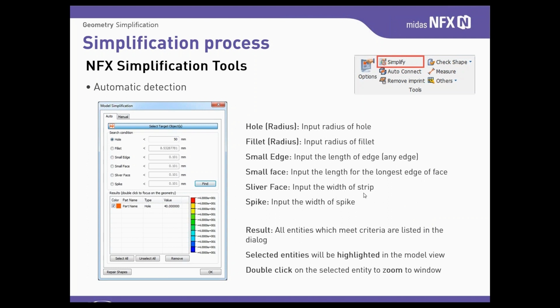This kind of small detail is actually defined by the ratio between the edge and the area, but for ease of use, we are looking for the width of the simple strip. Spike will be explained on the next slide. And as you can see, all entities which meet the criteria will be listed, and we can follow up the values.